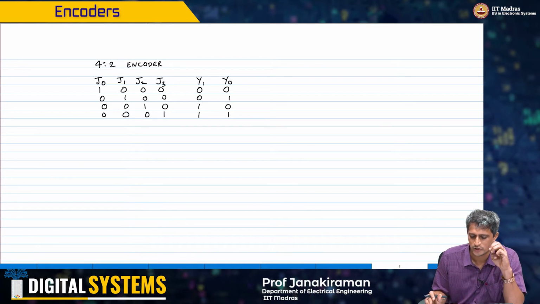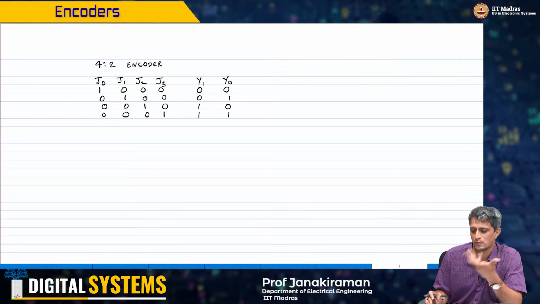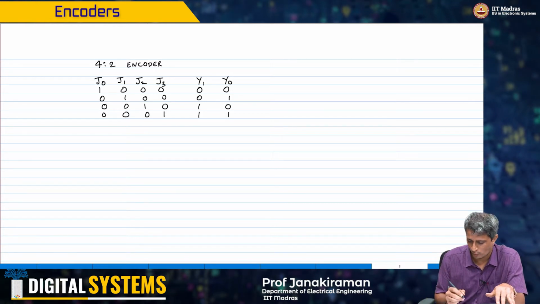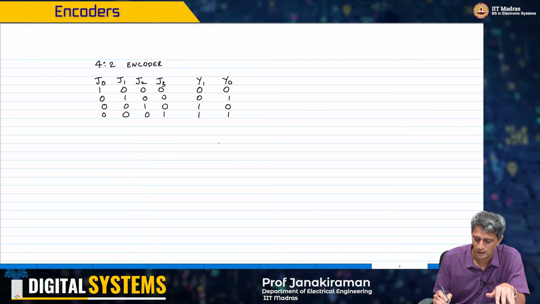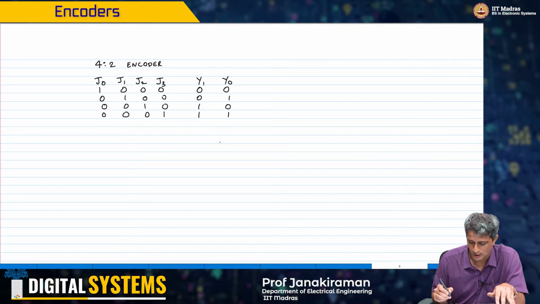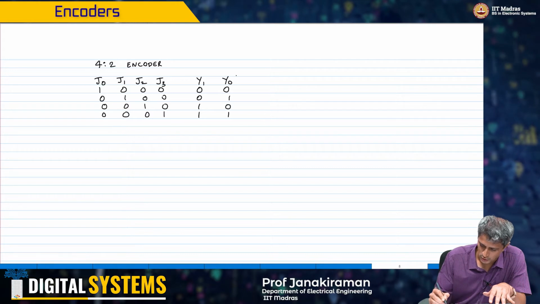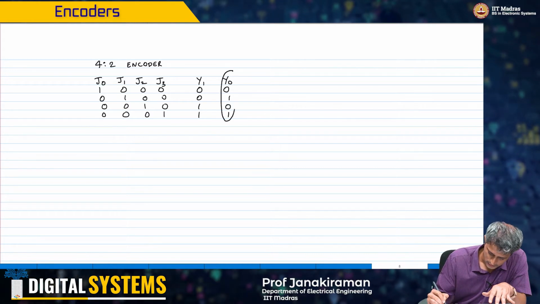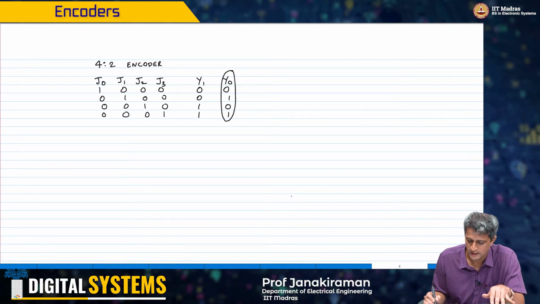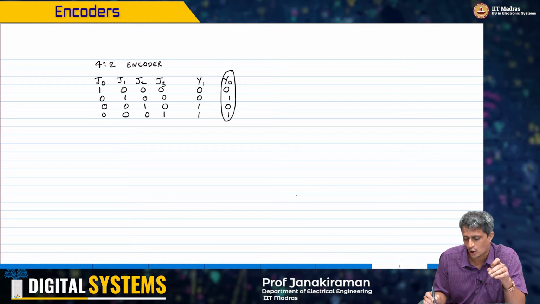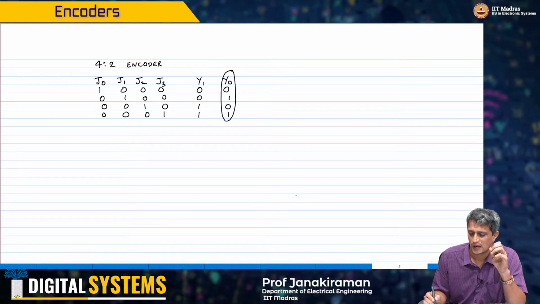So anyway, J0, J1, J2, J3, I need the outputs Y1, Y0 to be like this. So what you can do now is consider each output. For example, Y0 becomes high only when either J1 or J3 happens to be high.